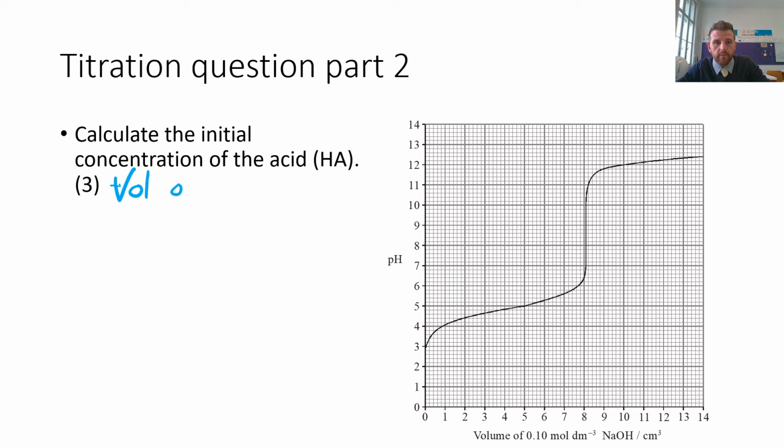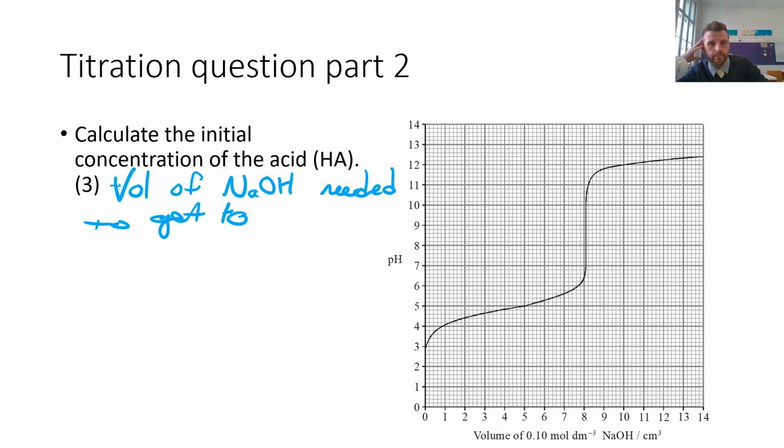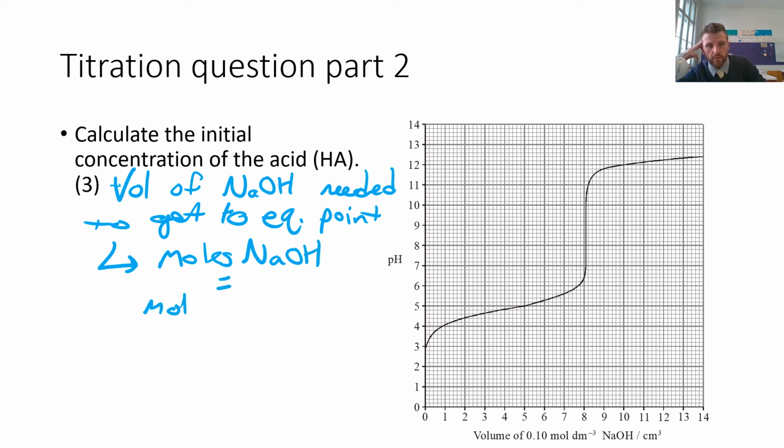Volume of NaOH needed to get to equivalence point can be converted into moles NaOH, which would equal the moles of H plus that existed in the acid.